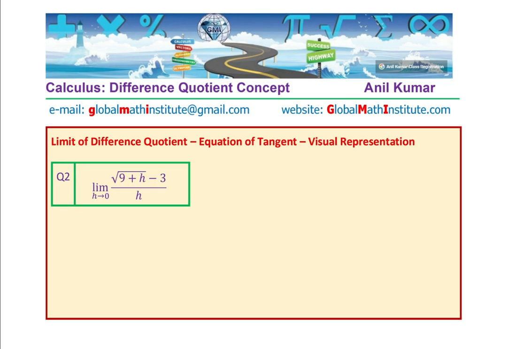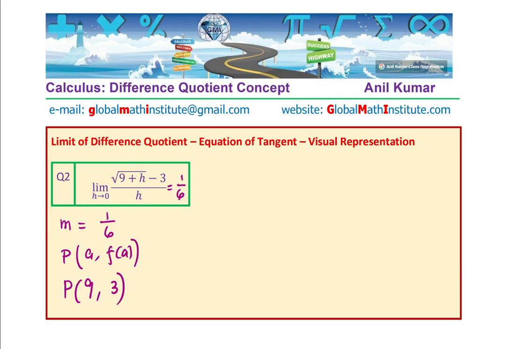So let's continue. We just found that the limit of this is equal to 1 over 6. So that means the gradient m is 1 over 6 and the point of interest is (a, f(a)). Think like this: a is 9 and f(a) will be 3. Can you tell me what the function is? We should have started with the function.